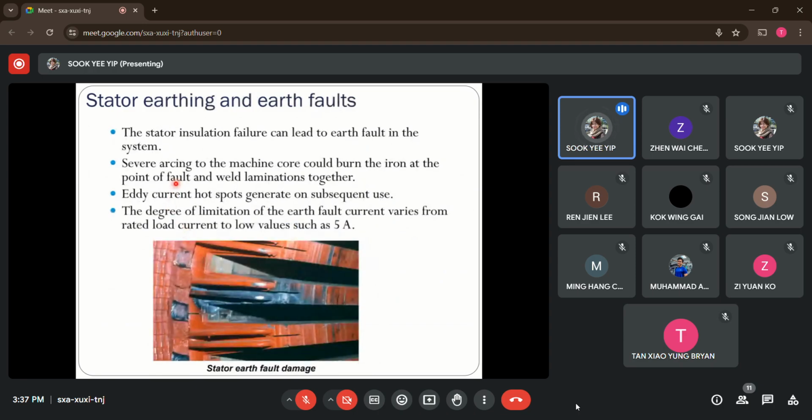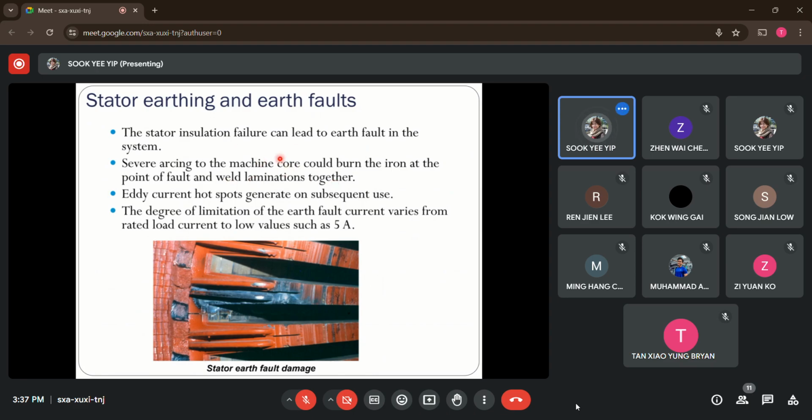So what if an earth fault happens due to insulation failure at the stator winding? Under this situation, it will drive severe arcing to the machine core. This arcing is of high energy and can actually burn the iron at the point of fault, causing the laminations to weld together.